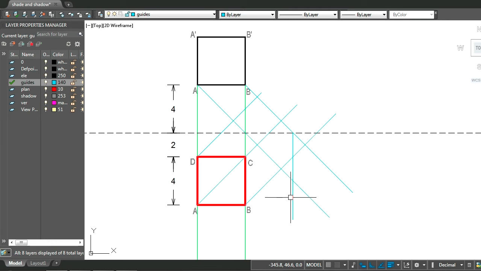Right? So now the light ray going in from D cuts the ground line first. Since A and D are in the same straight line in elevation, D is behind this point A. So we'll be using this light ray.